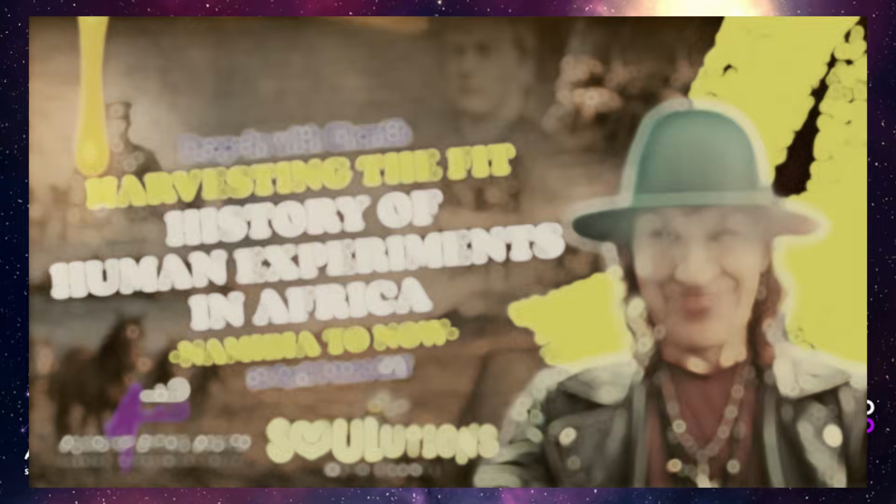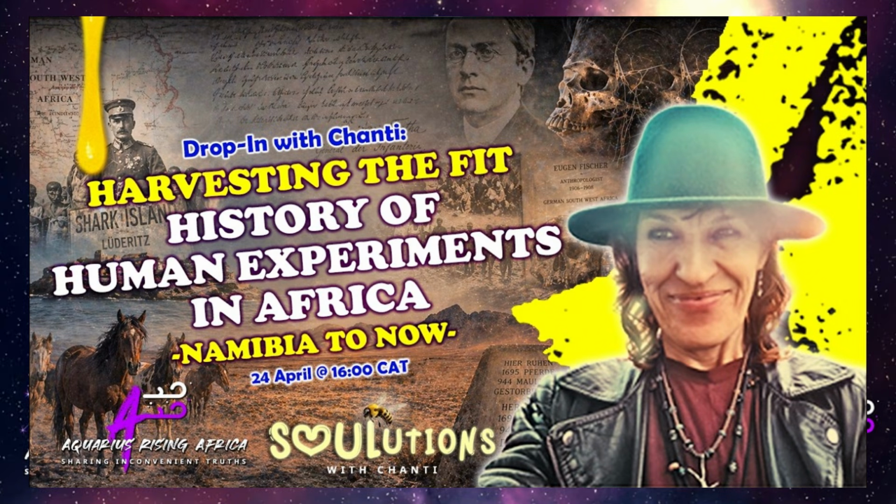But I want to remind you of a show I did a couple of weeks back, where we talked about the German colonization of Southwest Africa, now Namibia. And I went into quite a bit of detail as to what happened with the Herero and predominantly the Nama people.